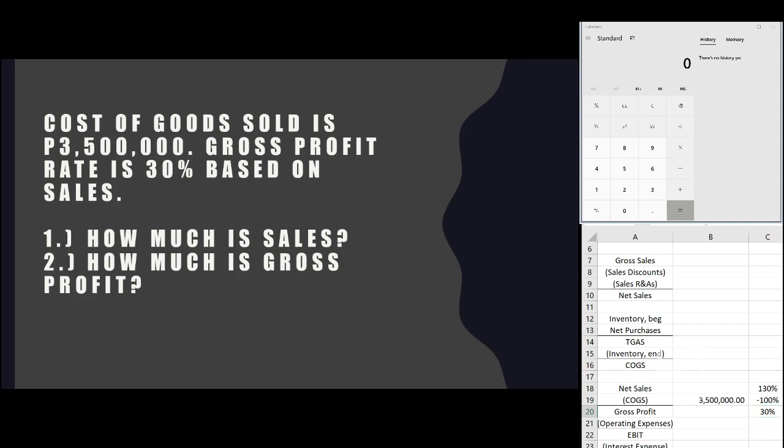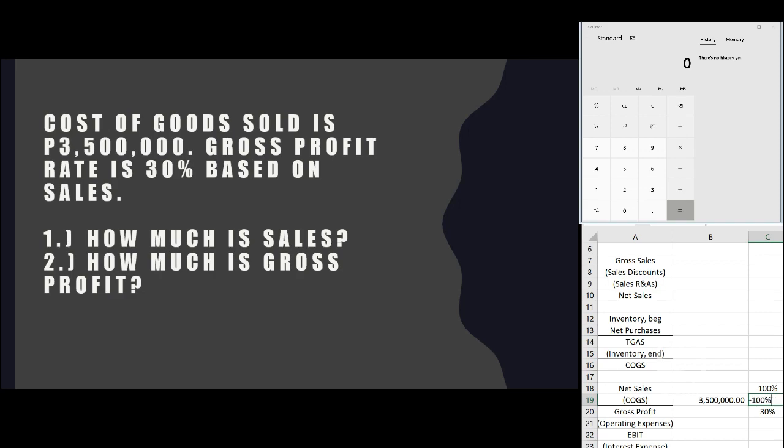What you have to remember here is, the important part is, kung sino yung basis, automatically siya yung 100%. Normally naman kasi, yung percentage ni gross profit, binibigay siya. Nagkakatalo lang yan sa kung kanino yung basis. Okay? So, sa given, 100% yung net sales.